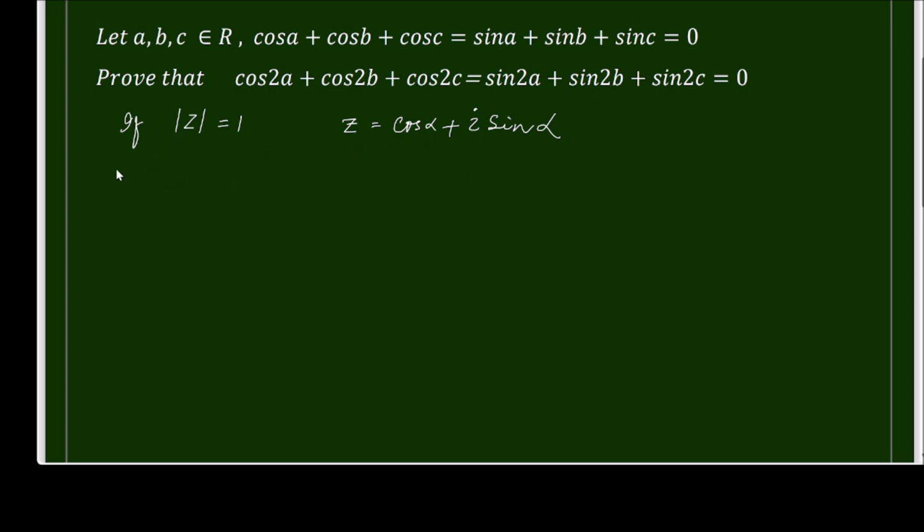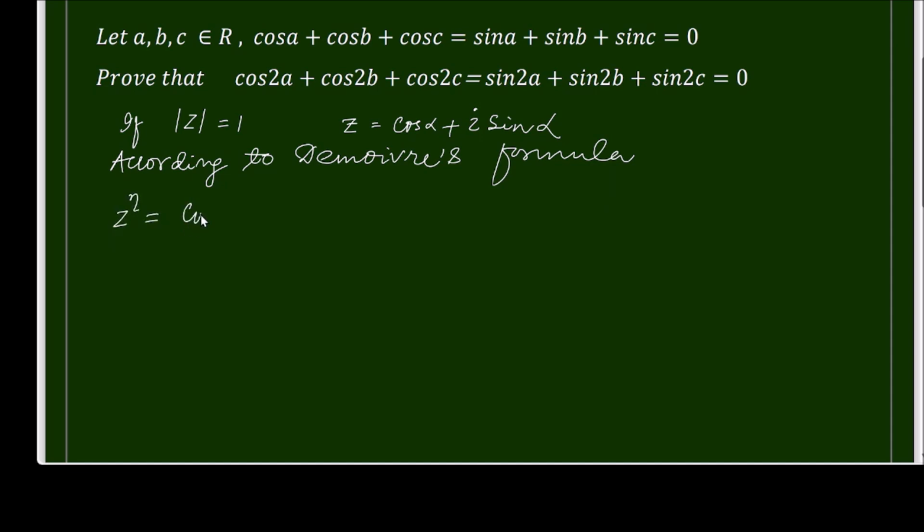Then according to De Moivre's theorem or formula, Z power n is equal to cos n alpha plus i sine n alpha.